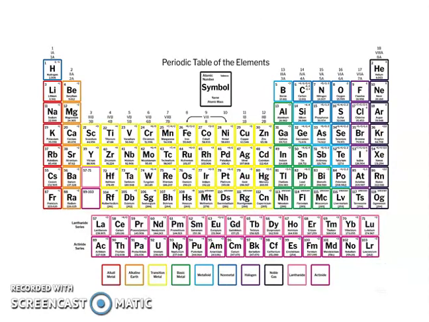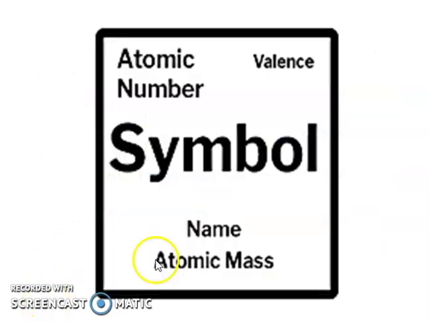Okay, now let's look into the other details that you can see in the periodic table. For example, we can see a lot of numbers and words in each of the squares. Let's look into the details of what these numbers and words are. Each square will have the symbol of the element, the complete name of the element, atomic mass, atomic number, and valence electron and proton.